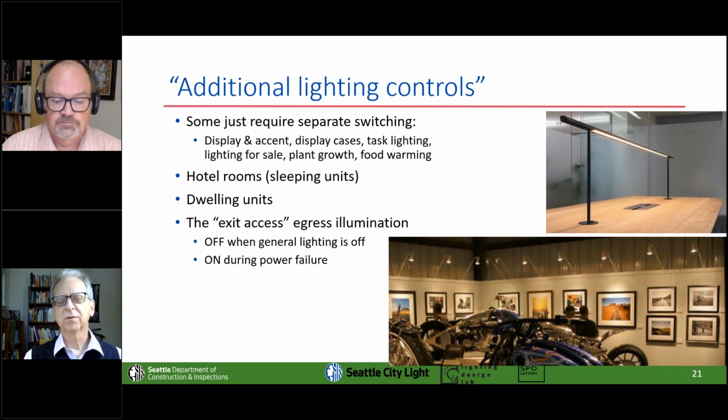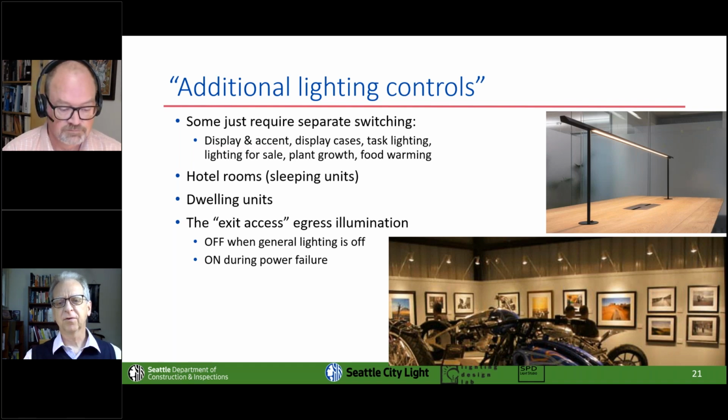Hotel rooms have their own special requirements, and the more sophisticated controls are becoming dominant already, so it's not such a problem. Dwelling units have theirs. I just wanted to mention that last bullet point is the exit access.